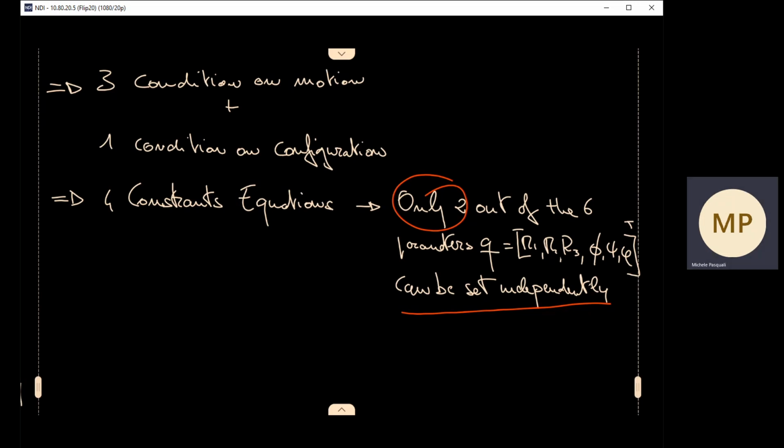You will do what is called partition of the generalized parameters between independent and dependent ones, so that you will be able to express the dependent parameters in terms of the independent parameters via the constraints. So what we will introduce right now is the so-called coordinate partitioning.